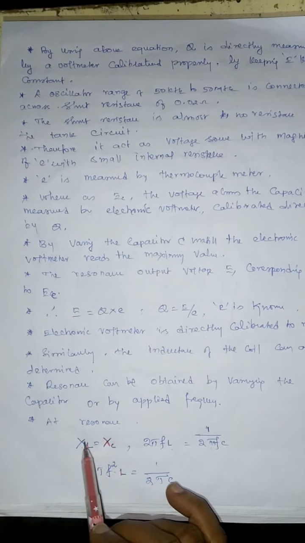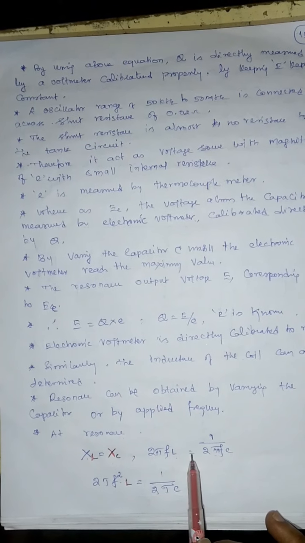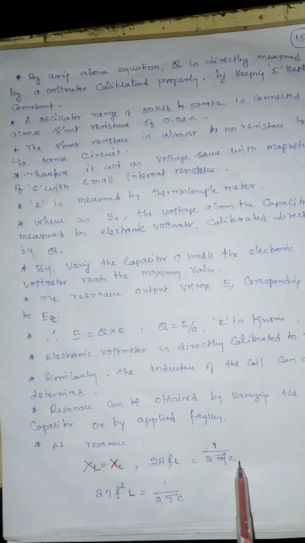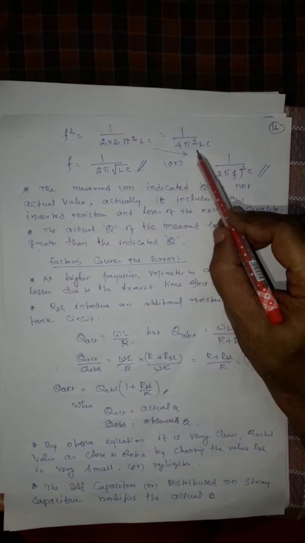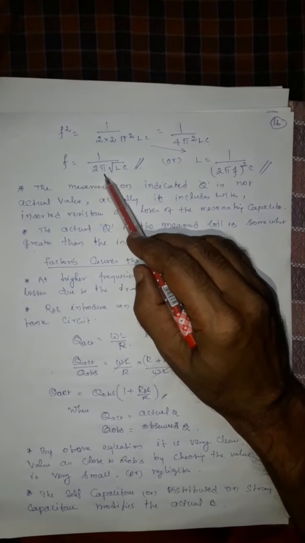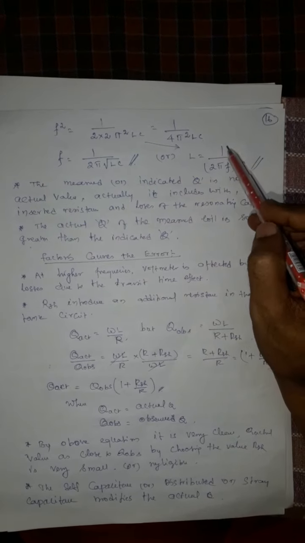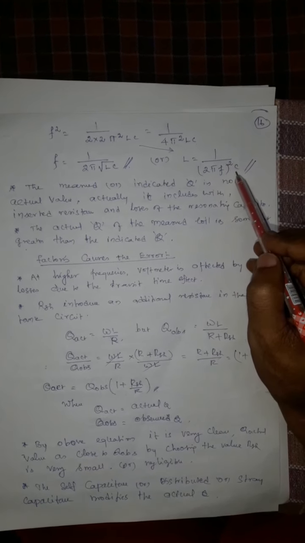Then XL is replaced by 2 pi F L, equals XC, equals 1 divided by 2 pi F C. So F square equals 1 divided by 4 pi square LC. Then F equals 1 divided by 2 pi root LC, or directly we can calculate L equals 1 divided by 2 pi F whole square times C.